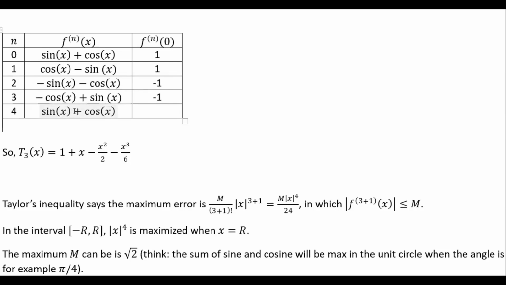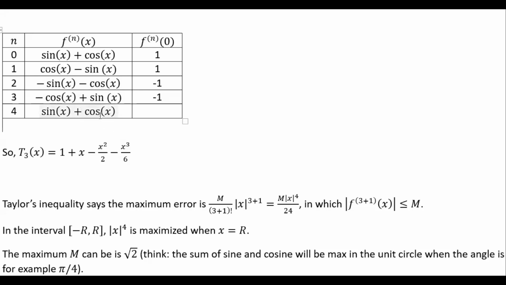This is maximized when the value is square root 2, because this would be square root 2 over 2, and this would be square root 2 over 2. Recall the unit circle, or the curves of sine and cosine. Sine would keep increasing, but cosine would be decreasing from 0 to pi over 2. Just imagine that interval. So there's kind of like an inverse relationship.